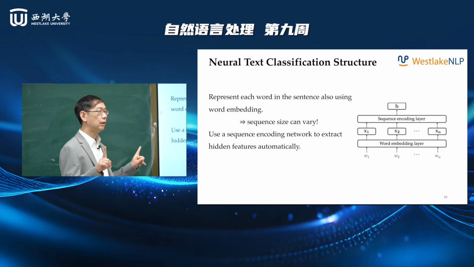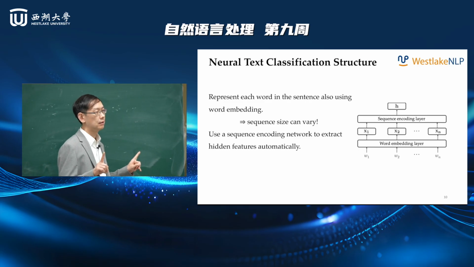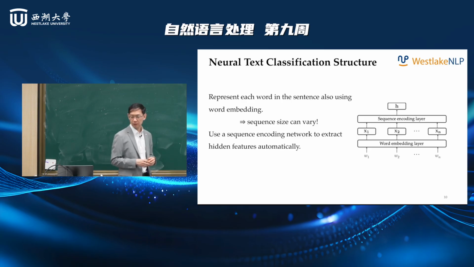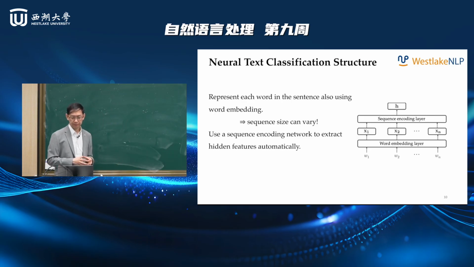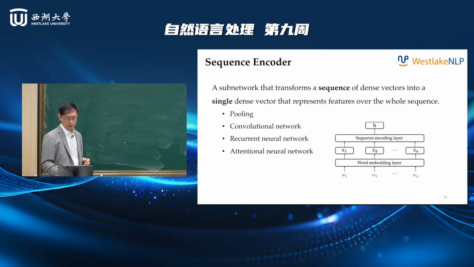But this must be a fixed size. So once you have a fixed size, you could then feed that to an output layer. We call this a sequence encoding layer or sequence encoder. So that's the main topic of today.